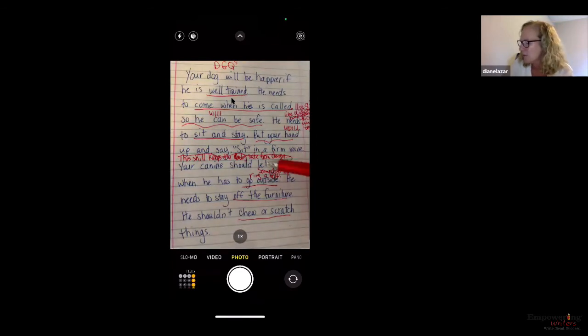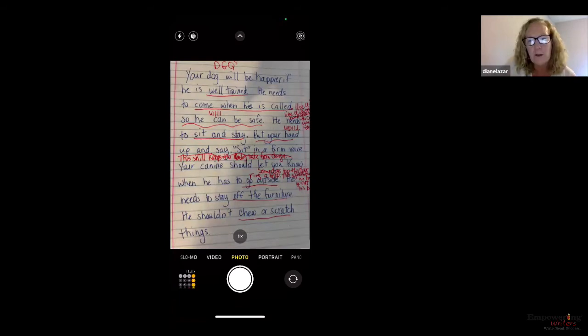Some dogs tap the door or ring a bell. This signals that he has to go out to do his business. Excellent. All right, let's go to the next one and let's see so far what we have.